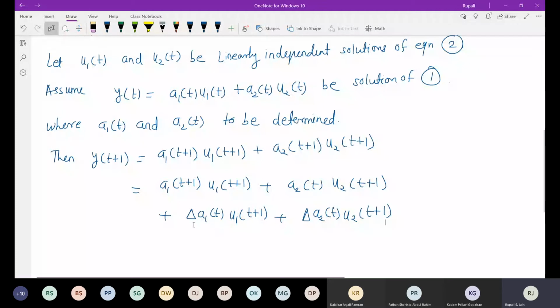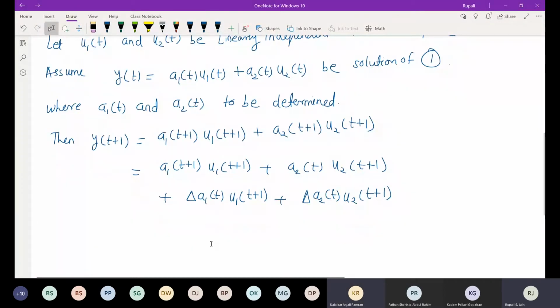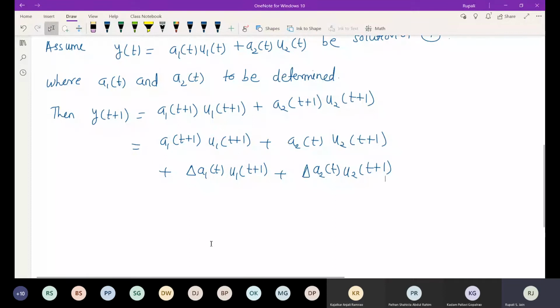Delta A1t is A1 t plus 1 minus A1 t, and delta A2t is nothing but A2 t plus 1 minus A2 t. So those two terms, whatever I am writing, will get cancelled, and only this will remain. Is that okay? So u2 t plus 1.